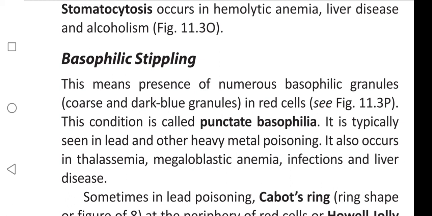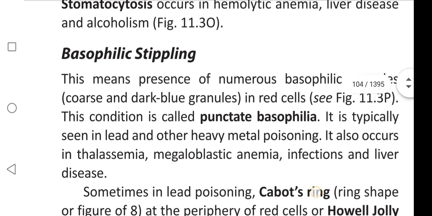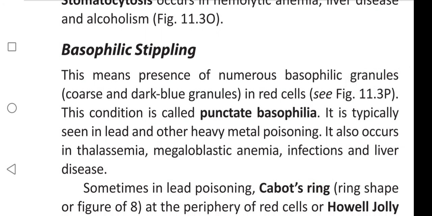It also occurs in thalassemia, megaloblastic anemia, infections, and liver disease. I think you may understand this. We call this condition punctate basophilia, and the conditions we see it in are thalassemia, megaloblastic anemia, infections, and liver disease.